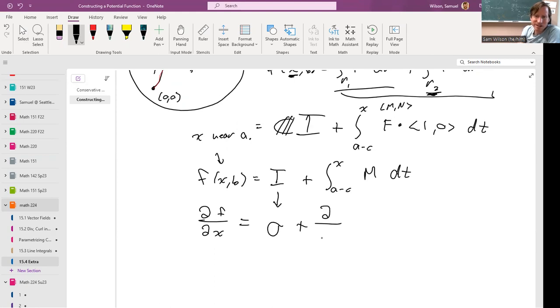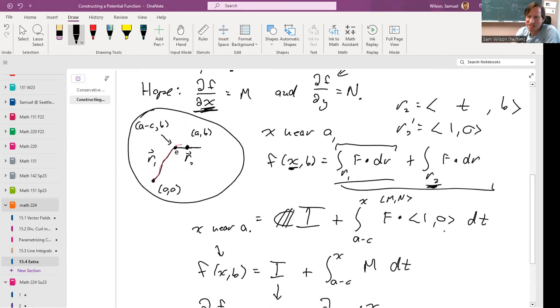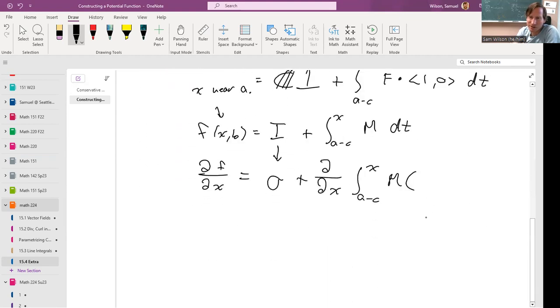So what we need to do is take the partial derivative with respect to x of the integral from a minus c up to x of M, and our parameterization was up here, it was (t, b). Okay, and let's evaluate this at x equals a.